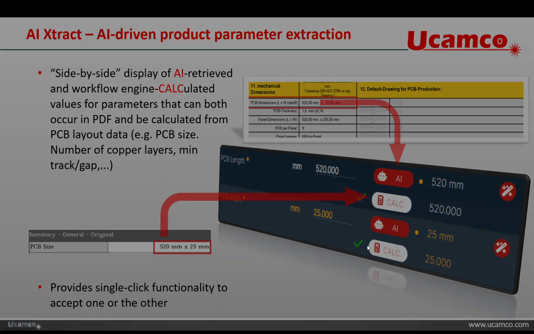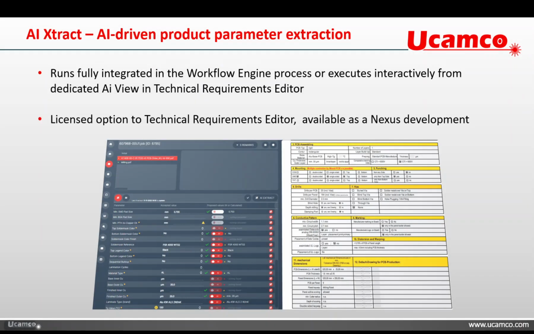This whole AI extraction process runs fully integrated in the workflow engine system, or it executes interactively from the AI view, the dedicated AI view and technical requirements editor. So the natural thing to do, of course, is that you just leave this running as part of the data analysis.